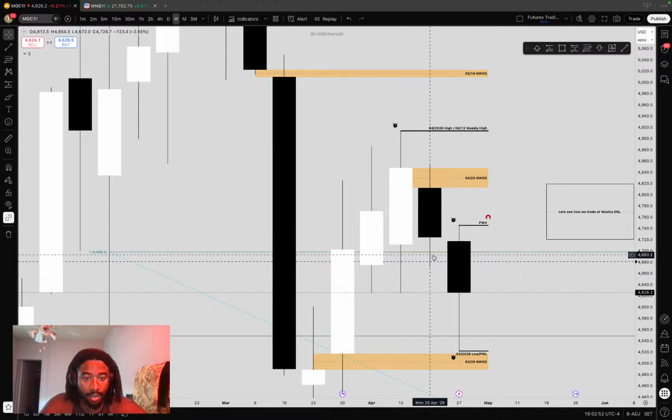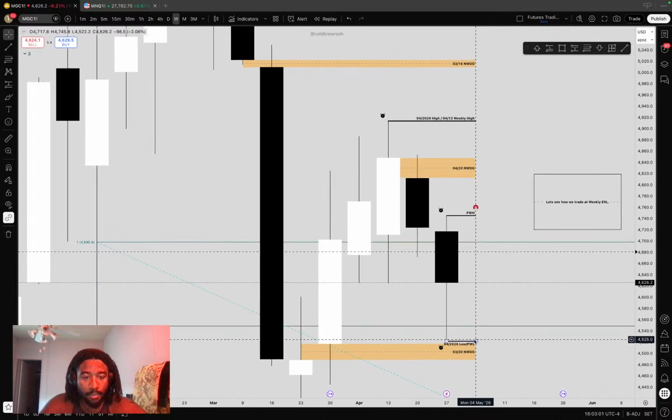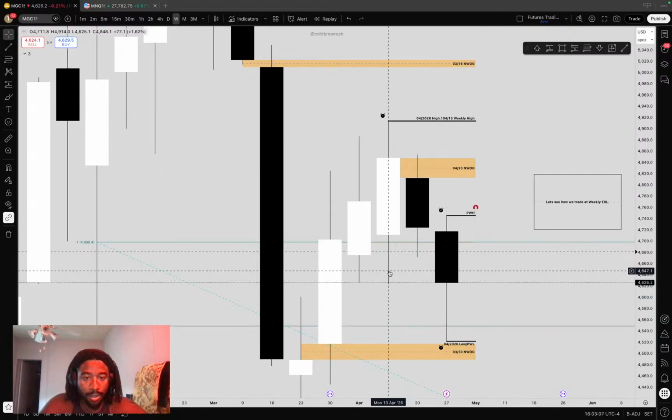And out of that expansion, we got a reach all the way down almost into the 330 new week opening gap, right? But we didn't quite get all the way there. And instead, what we did is we got back above the low of this range here. All right.